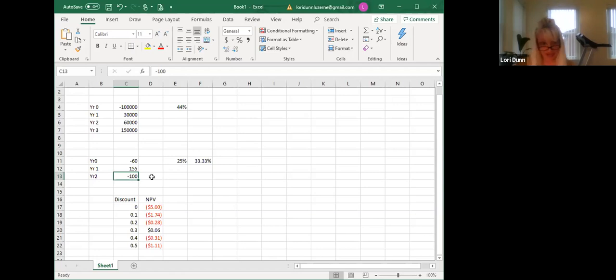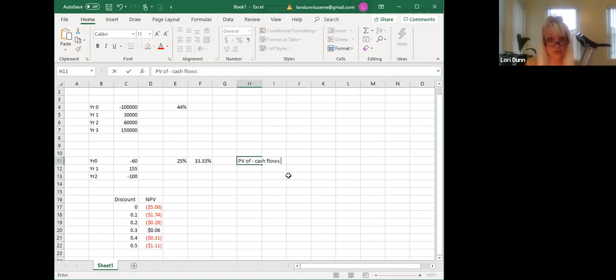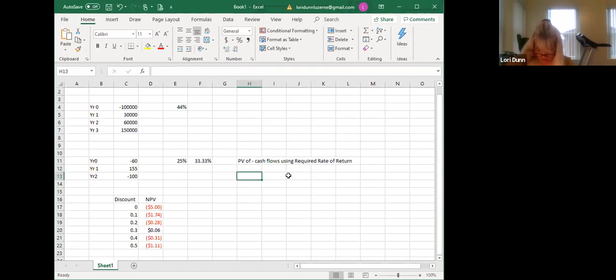And you would discount them using your required rate of return. So you're going to find the present value of negative cash flows using your required rate of return. That's your first step. So you can see on page 295, that's what they're doing there.